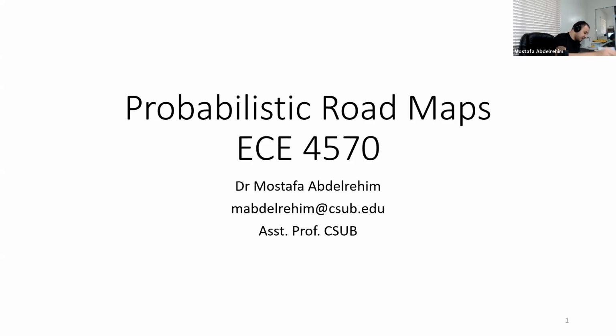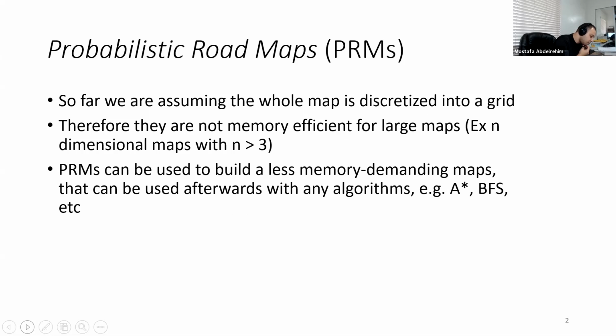So let's see what probabilistic roadmaps look like. As I said, it's a way to discretize a map and build it from scratch. It's very useful when you have a very high number of dimensions. One may ask how we can have dimensions larger than 3. Here, the dimensions are not only the environment that you have.